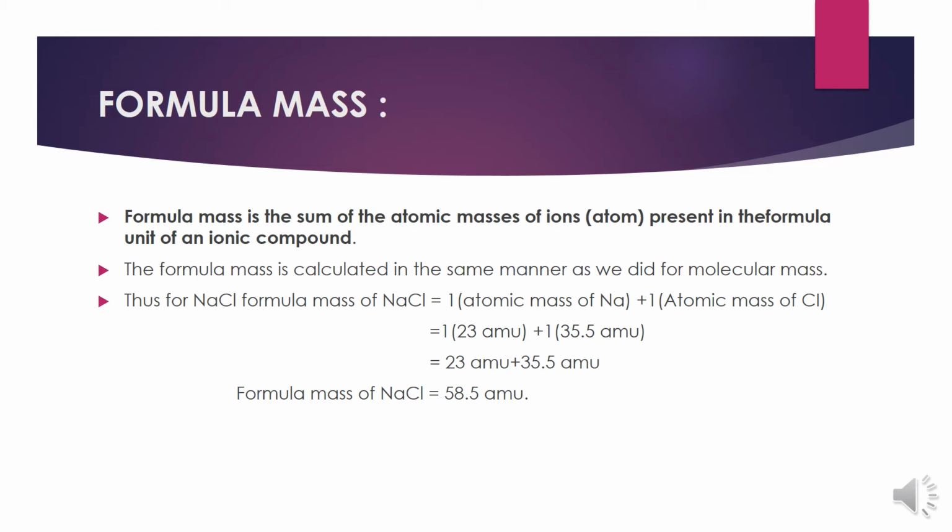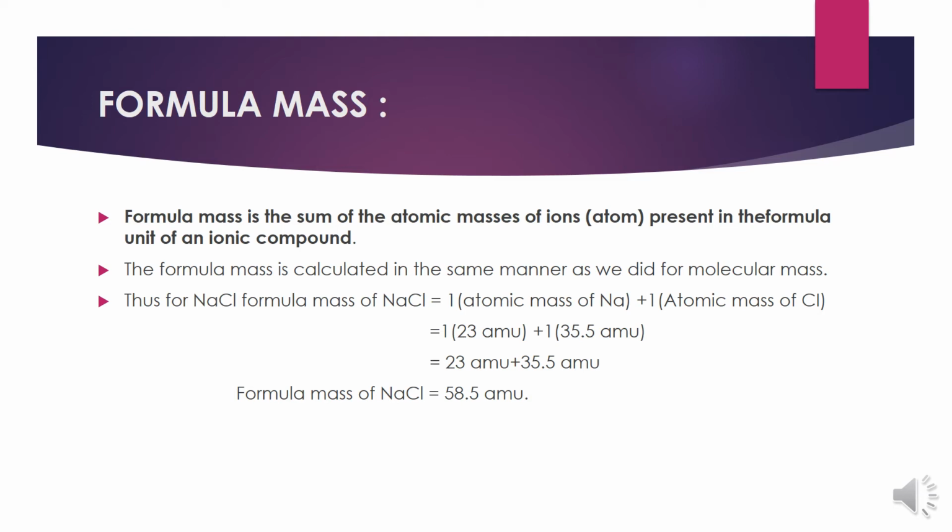Clear? Formula unit of table salt, means sodium chloride, is, for example, NaCl. That is the formula unit. So by adding atomic mass of sodium and chloride ion, we will get formula mass of sodium chloride. Clear? So formula mass is the mass of formula unit of an ionic compound.